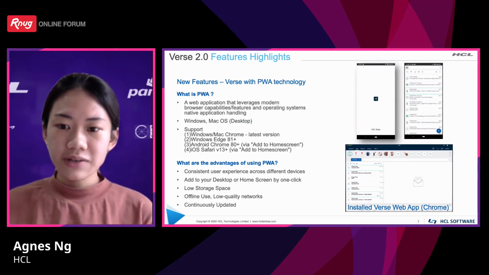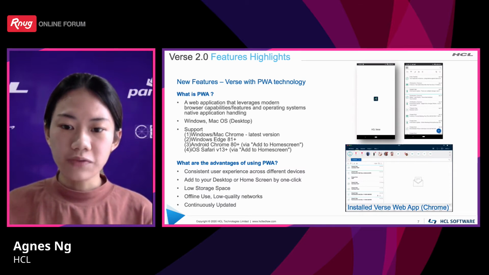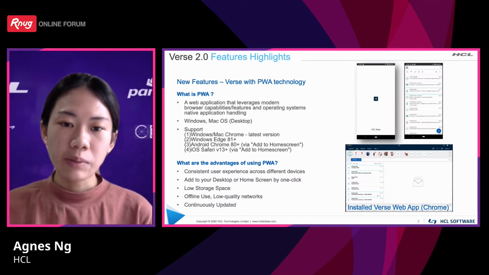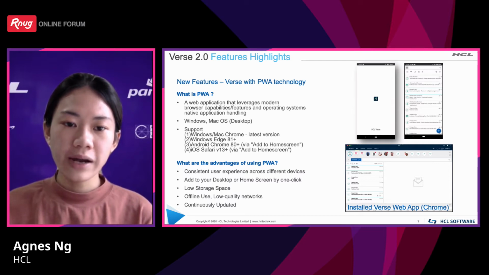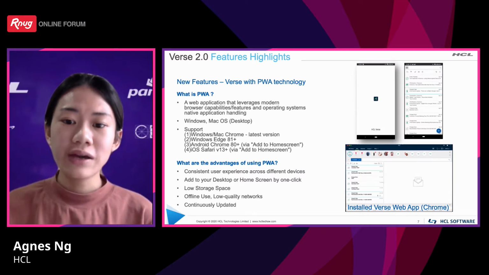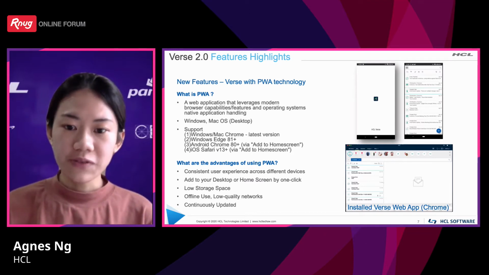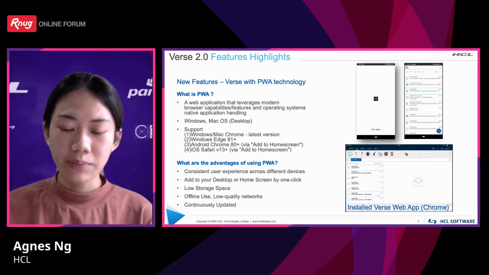Customers love Verse, but they want the local application to work offline. We do have an offline capability in Verse, which provides offline access for 30 days. But that is not enough for our customers, and that's why we leverage a new technology called Service Worker, which is the foundation of progressive web apps.